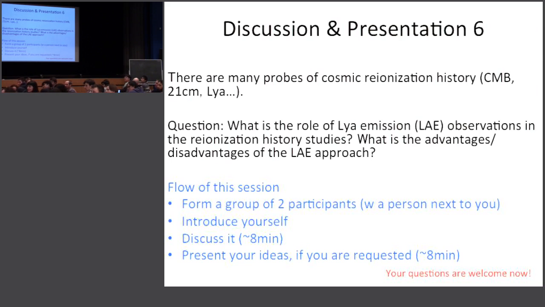Hello, my name is Haruka Kusakabe from the University of Tokyo. We discussed the disadvantages and advantages. First, the disadvantage is very clear: the difficulty of observing Lyman-alpha emitters. And for the advantages, we discussed two things. First, we can estimate the end of the reionization era from the highest-redshift Lyman-alpha emitters.